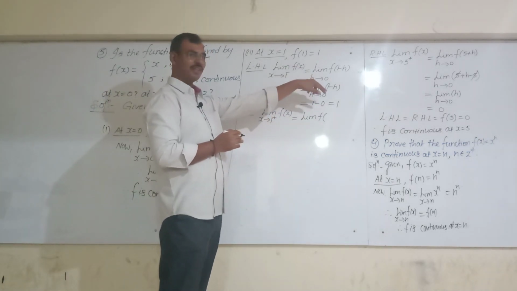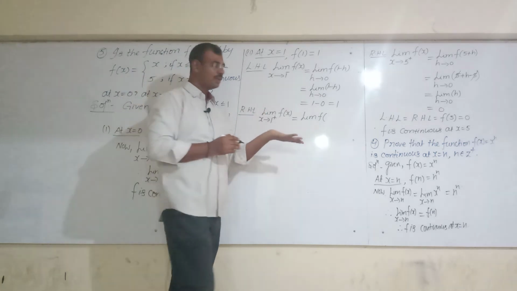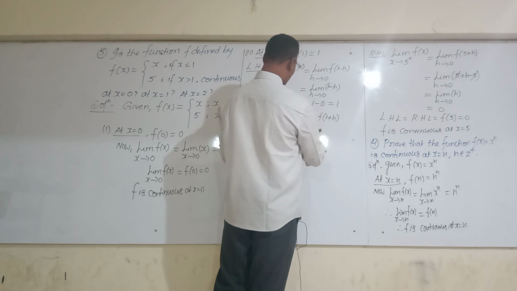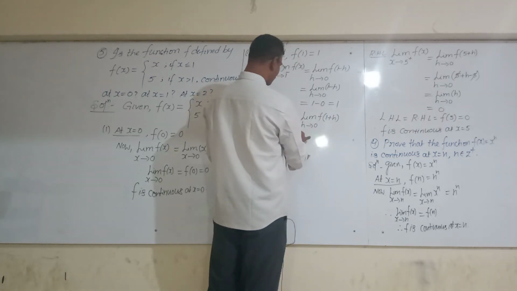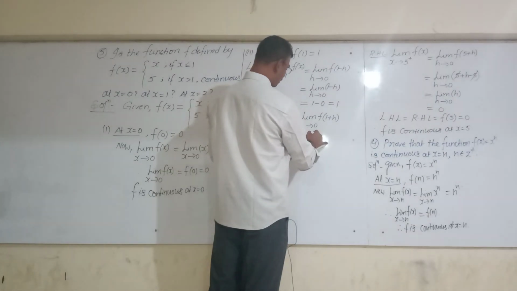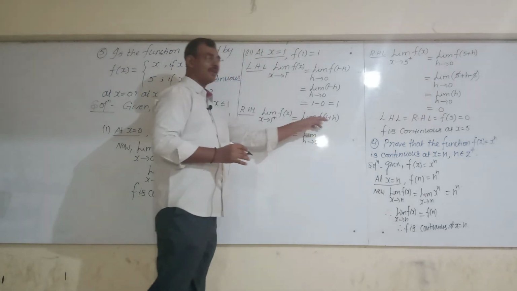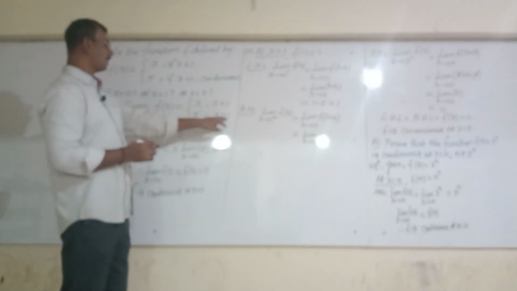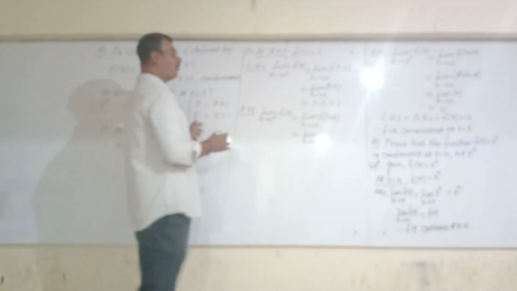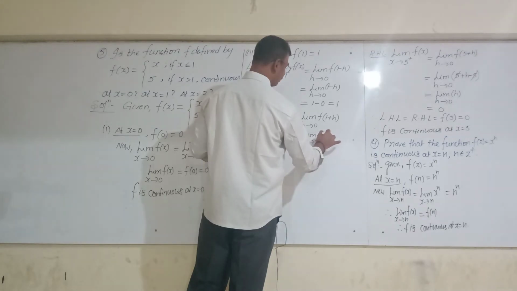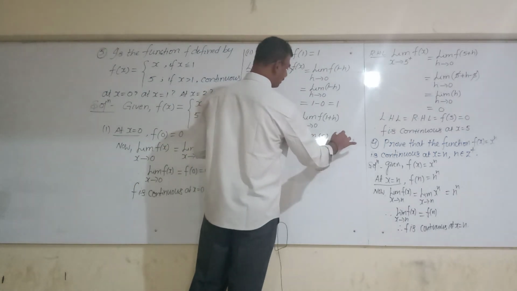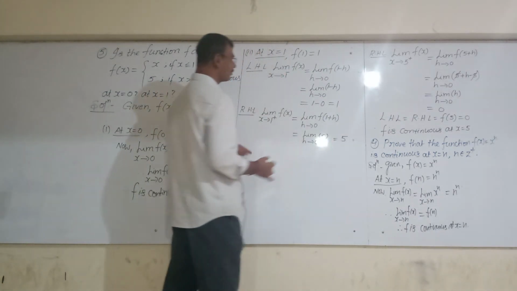This is 1 minus h. 1 plus h means more than 1, as h tends to 0. What is the function for more than 1? If x is more than 1, f of x is 5. So this is 5 only. Now this becomes the limit of a constant, which is a constant, 5.